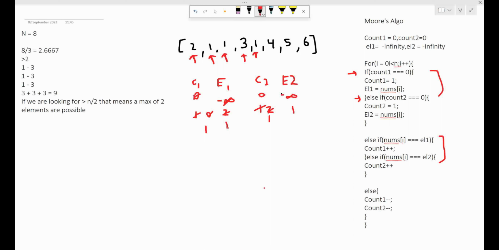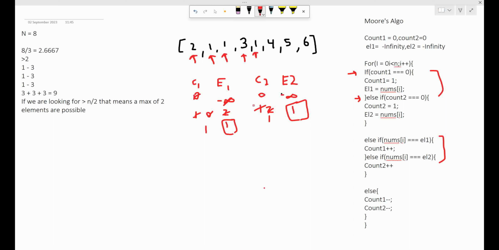Right. But can't you see a mistake here? We observe that our E2 is already tracking 1. Now again we are making E1 also take care of 1. Now what we have done is make both E1 and E2 as 1. But this is a huge mistake, right?